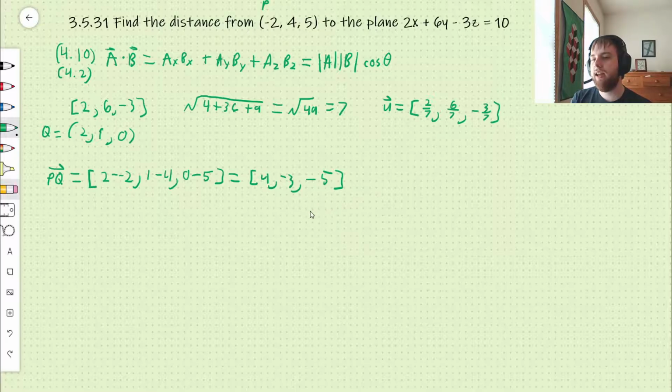Okay, now we have a distance to the plane, and we have a unit vector that's perpendicular to the plane. What can we do with that? That's where our friend the dot product comes in.